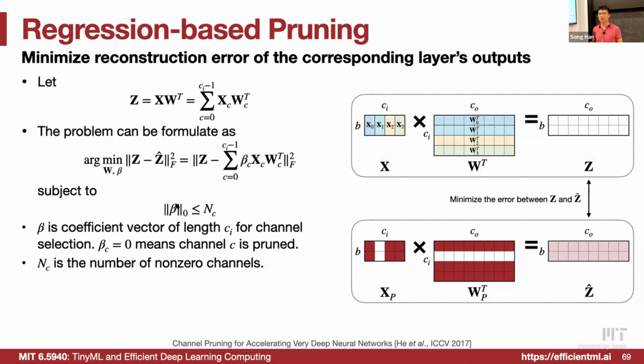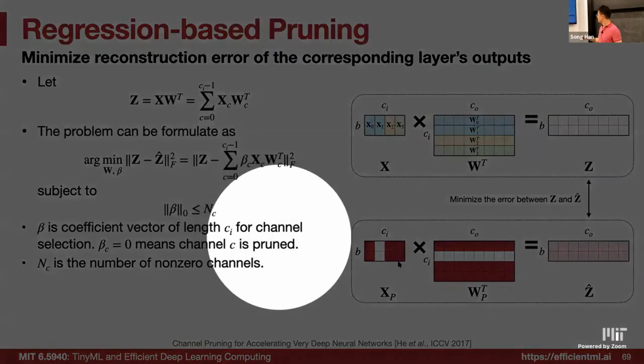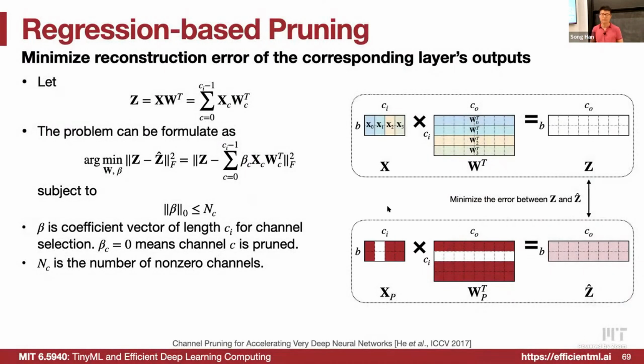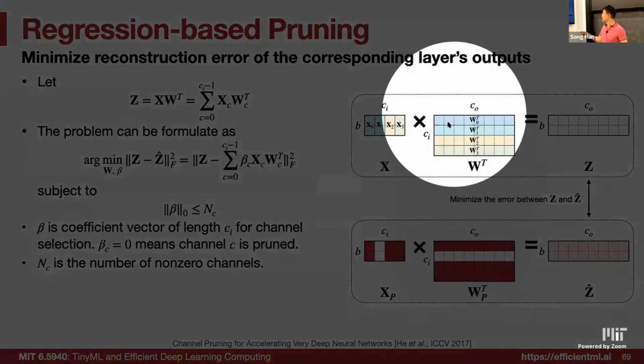If beta is 0, what does it mean? It means this outer product doesn't exist, like this channel. So it means the channel is pruned. So how many betas do we have in this example?